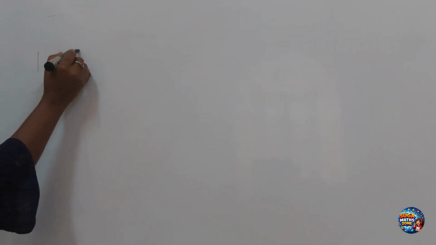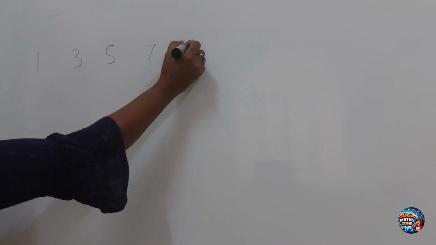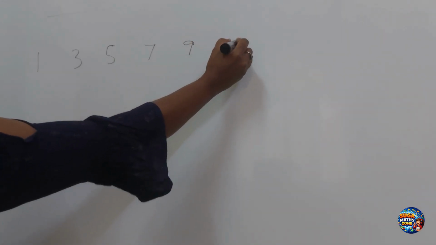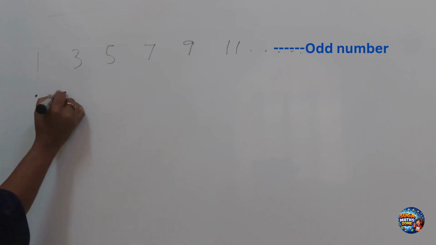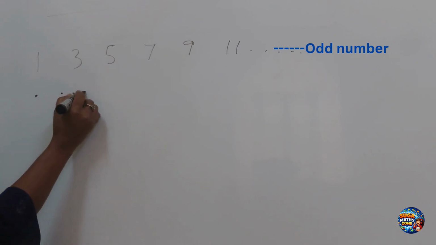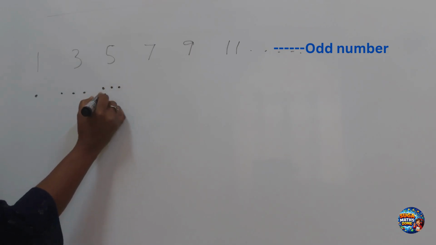Next one is odd numbers. Odd numbers are 1, 3, 5, 7, 9, 11. 1 means 1 dot. 3 is 3 dots. 5 is 5 dots.